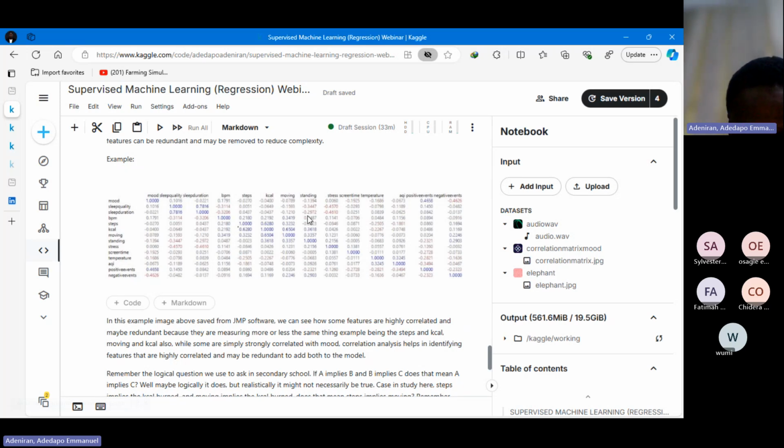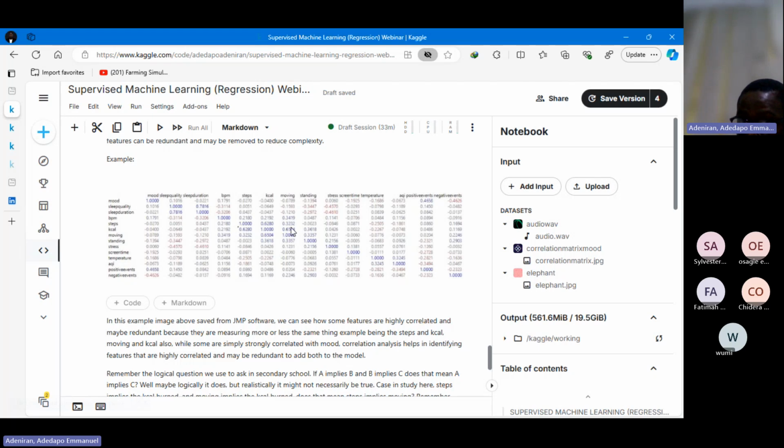So let's look at it. If you look at moving here, along this column, and if you look at kilocal here, you would see that kilocal and moving are very correlated, 0.65. That's the correlation score, almost 0.7. So they are very correlated, but not strongly correlated.